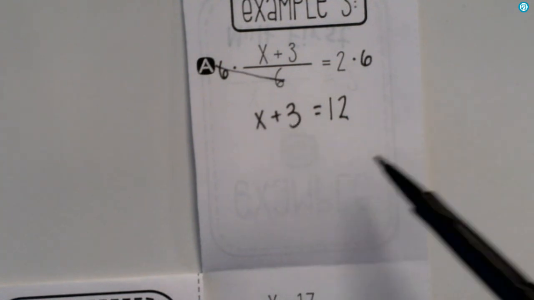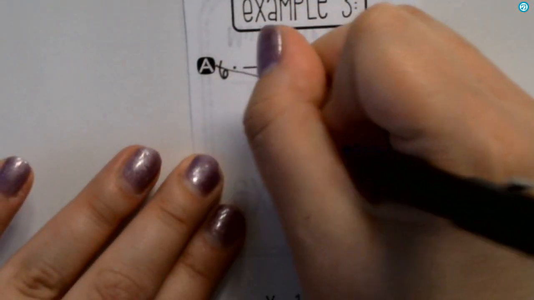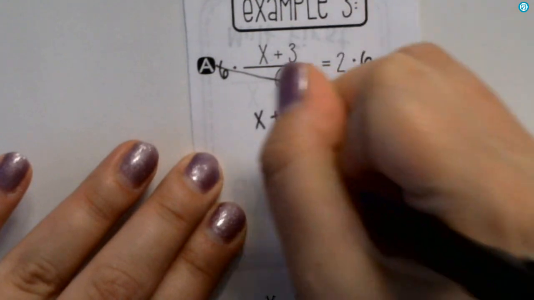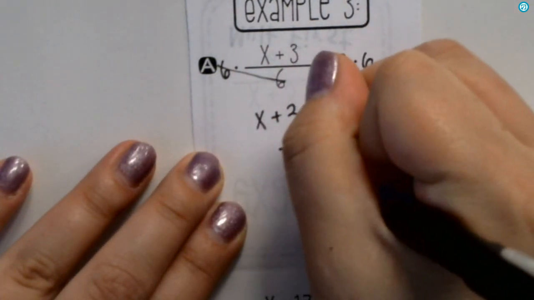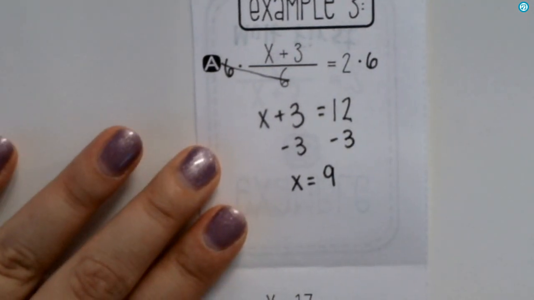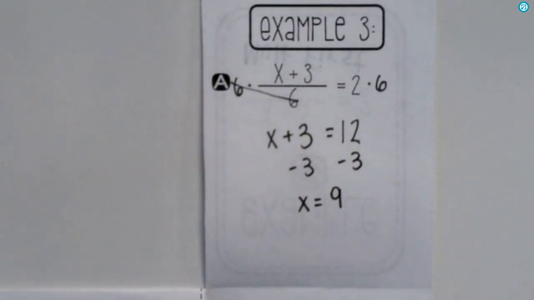So we're going to subtract 3 from both sides. And we get x equals 12 minus 3, which is 9. Any questions on that one?